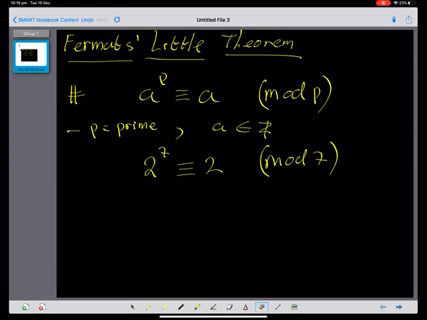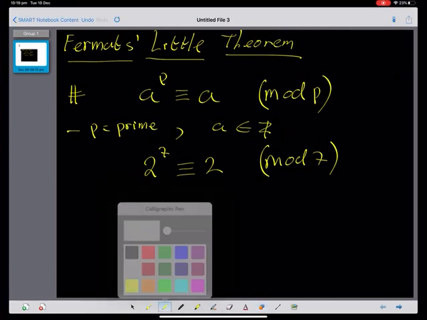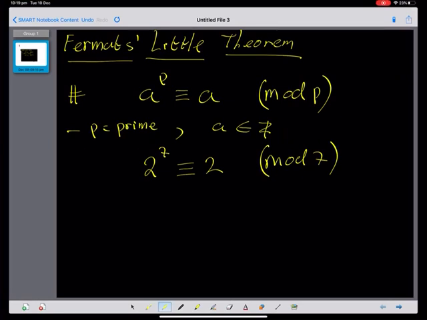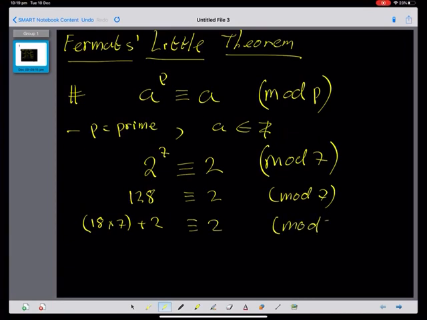So let's work this out. 2 to the power of 7 on your calculators, you should get 128. Let's divide by 7 and get the integer part, which is 18, multiplied by 7, and then we need to add 2 on to get to 128. Anything multiplied by 7 just goes to 0, so 2 is congruent to 2 mod 7.